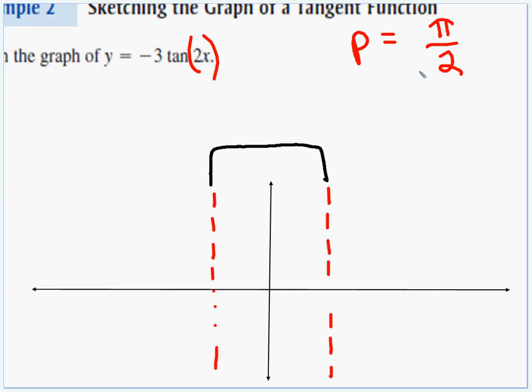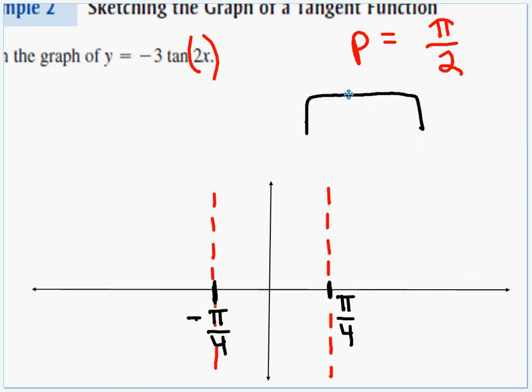And what's half of pi over 2? Well, to cut a fraction in half, double the denominator. Our first asymptote is here at pi over 4, and we will have one here reflected over to the other side at negative pi over 4. So our period is a half pi, and that's the jump from one asymptote to the next. So let me go like this. We're going to jump over this way.